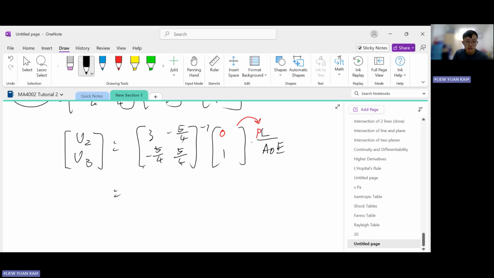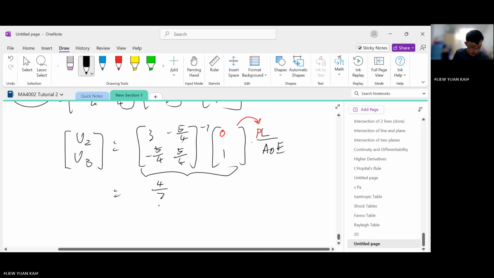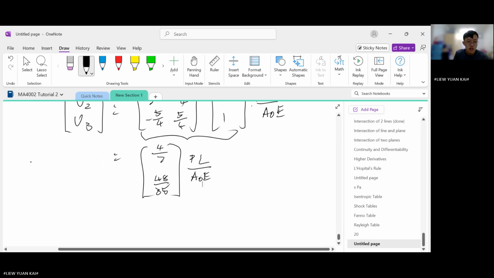And what's the advantage of doing that? Well, I can just press this into my calculator, and then you should get 4/7 and 48/35 PL over A naught E. Okay, so that's U2 and U3. But what we're interested in is actually U3.